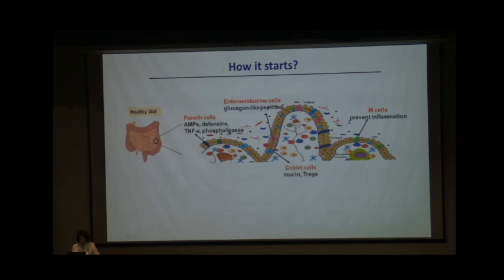This intestinal villus is present only in the small intestine, cecum and jejunum. In the large intestine, in the colon, all these cells are not very prominent. Only the goblet cells are prominent, which create a thick layer of mucin and the Tregs.